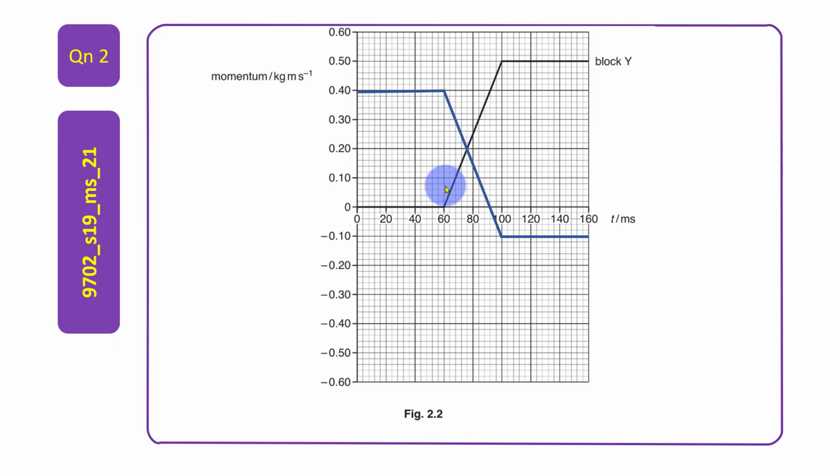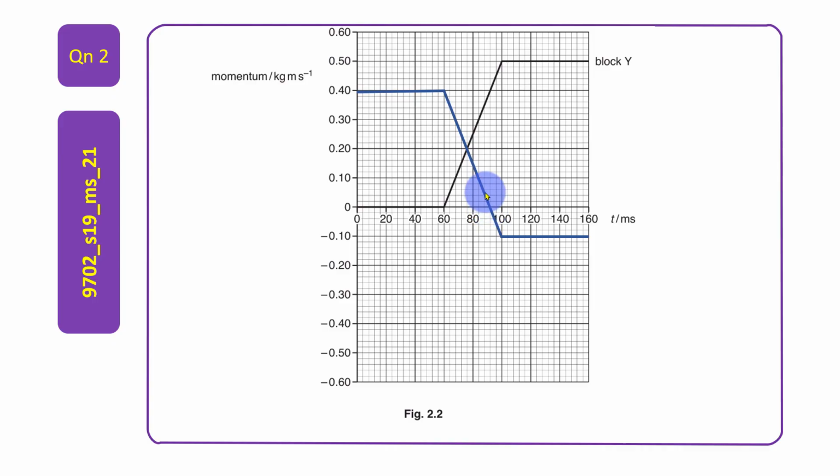After they collide, the momentum of y starts increasing to the right, from 0 up to 0.5 kilograms meter per second. So the momentum of x must decrease from 0.4 kilograms meter per second all the way to 0.